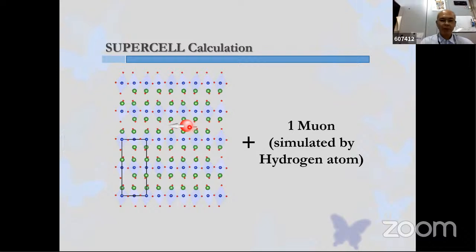Then we put the muon in and simulate all the atomic positions and electronic states. How many atoms and electrons are there inside this supercell? This is a completely huge amount. For instance, we simulated nearly 300 atoms, 500 atoms, or sometimes nearly 1,000 atoms, and calculated the electronic state independently. This is the reason why we need a supercomputer.